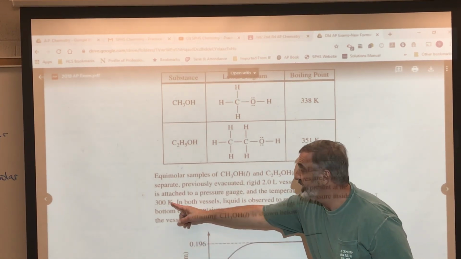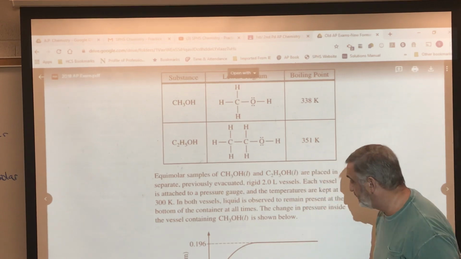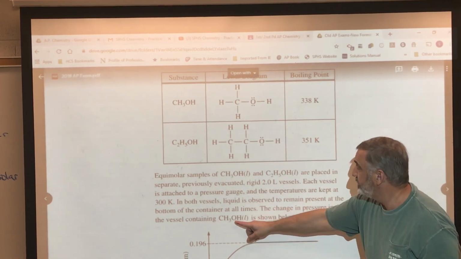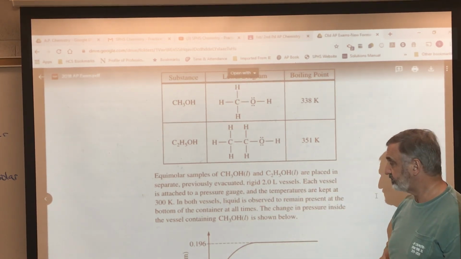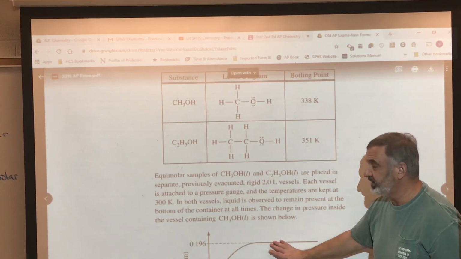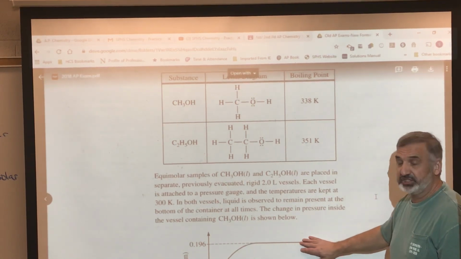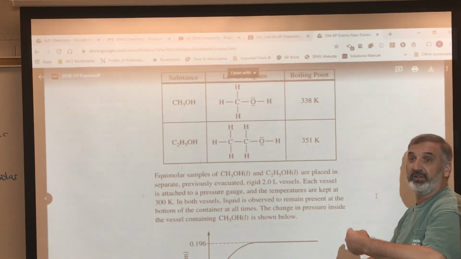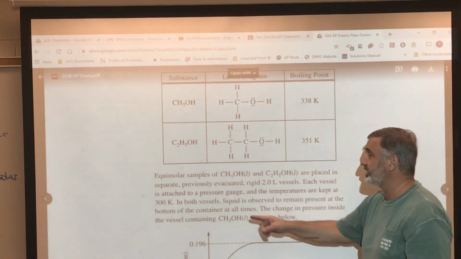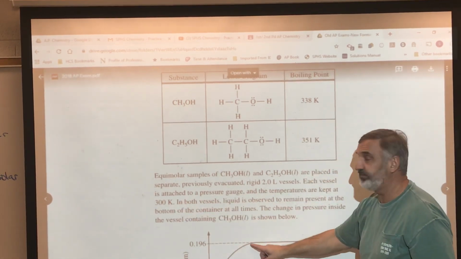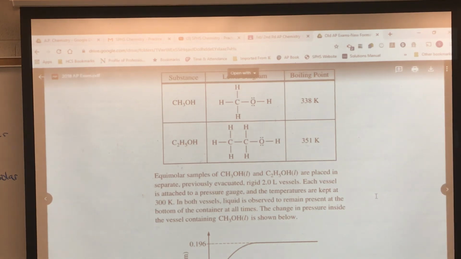So this is the equilibrium vapor pressure. 0.196 atmospheres at 300 K is the equilibrium vapor pressure of the CH3OH. Now notice that it just doesn't change once here. So we have evaporating, condensing, evaporating, condensing. As long as we keep the temperature the same, the vapor pressure is going to stay the same. So now let's see what the questions ask.